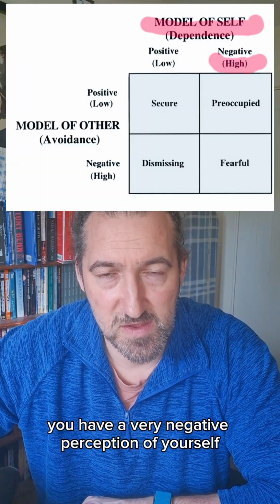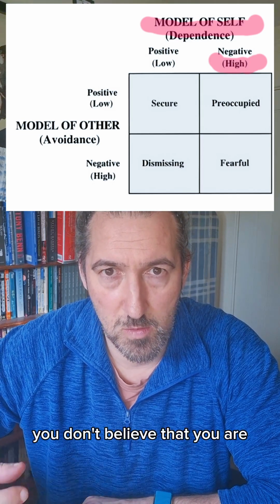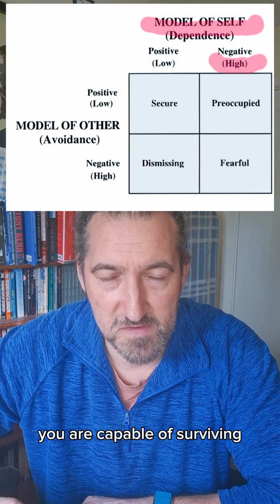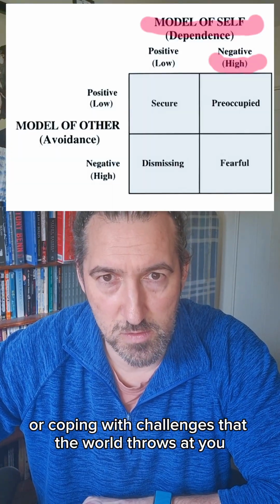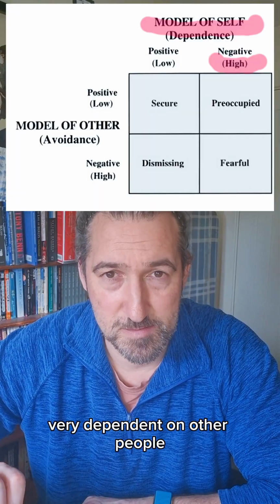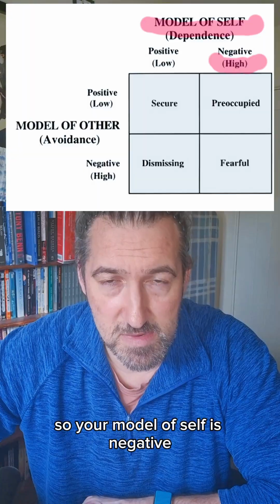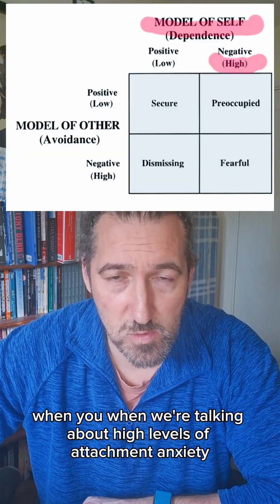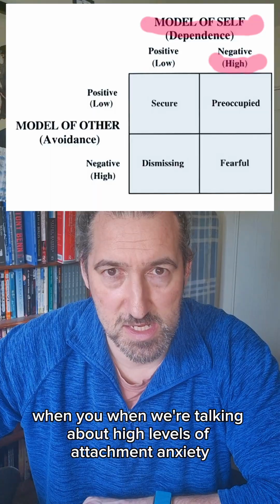You have a very negative perception of yourself. You don't believe that you are capable of surviving or coping with challenges that the world throws at you. And because of that, you're very dependent on other people. So your model of self is negative when we're talking about high levels of attachment anxiety.